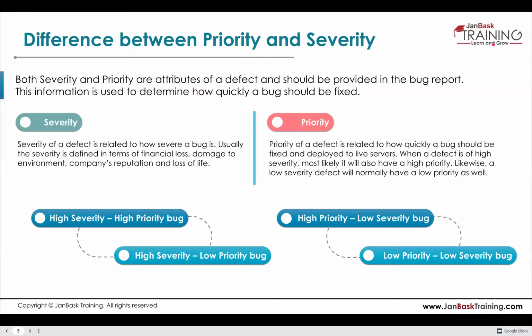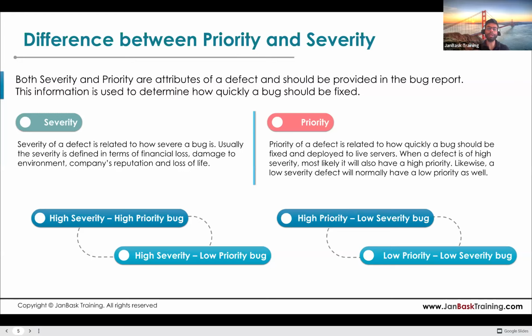Okay. Now let's move our focus to priority. What is priority? We'll come back to severity again, but let's understand what priority is. Priority is basically, whenever you are finding a bug, how soon the developer should fix that bug.